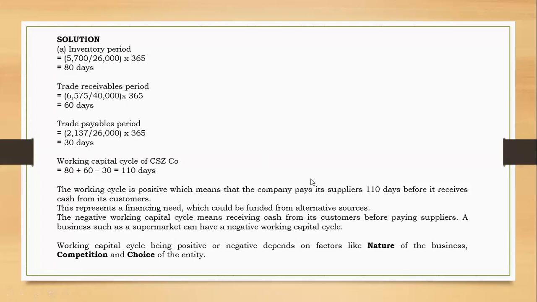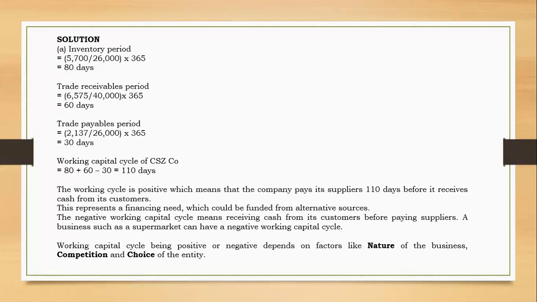So it could depend on the nature of the business. Let's say nature of competition. If competition is very strong, they would have to find ways to make sure they compete. Let's just sell goods to some customers on credit because the competition is very strong. Or the choice of the entity.